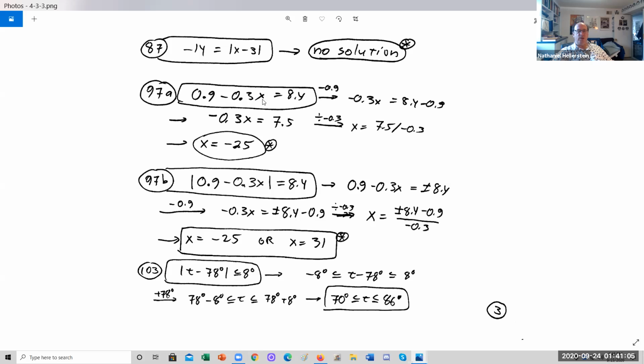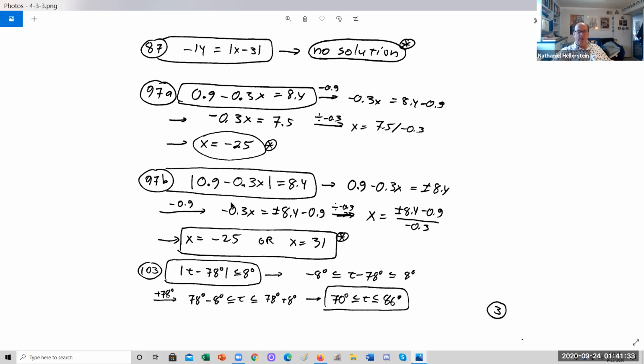This is a solution to this. Here, somewhat different, we put an absolute value sign around 0.9 minus 0.3x. All right, so the absolute value is 8.4. So this thing here is plus or minus 8.4. As before, we'll subtract 0.9 from both sides. Get negative 0.3x is plus or minus 8.4 minus 0.9.